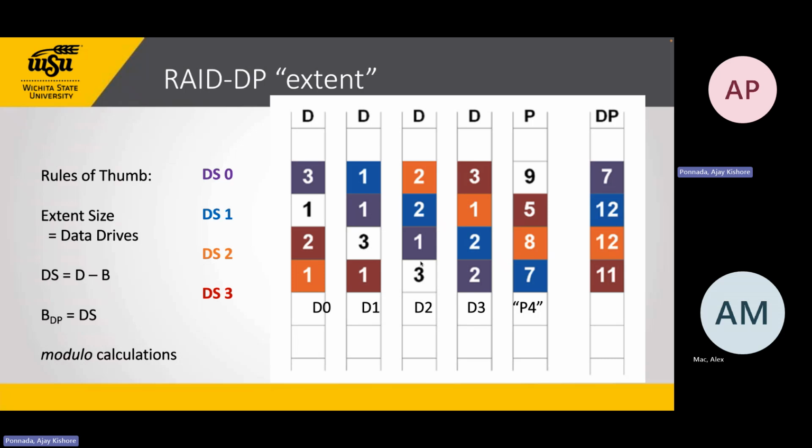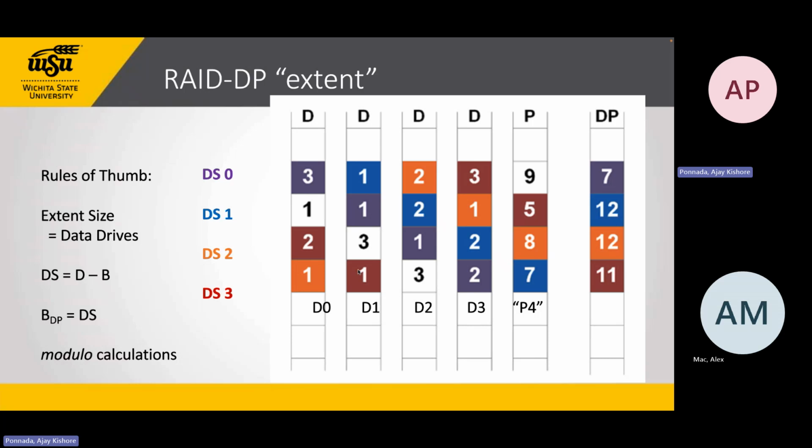And again, what's this one? This is D2, B2, right? So 2 minus 2, it's 0 again. And let's take this one. It's B3, right? And D3. 3 minus 3, 0.